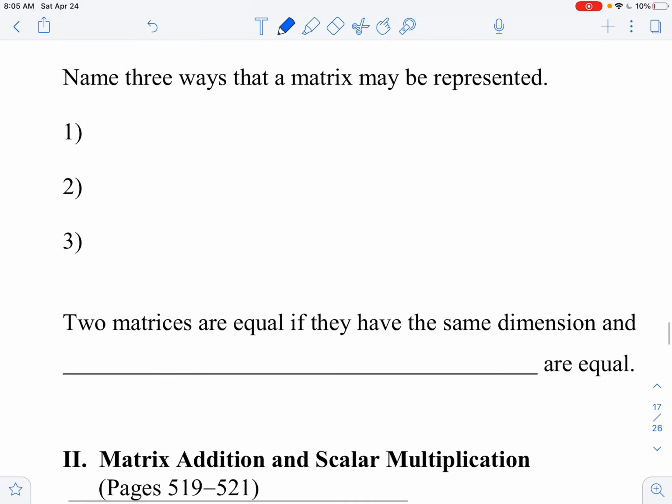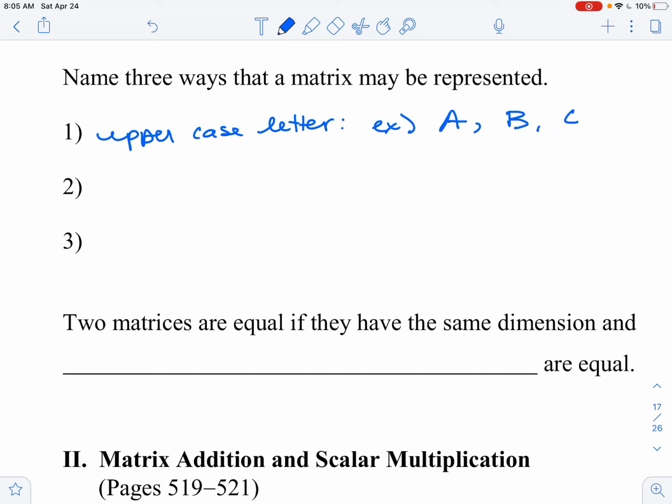All right, so name 3 ways that a matrix can be represented. So there can be an uppercase letter that represents the matrix. It could be matrix A, matrix B, matrix C, and so on.